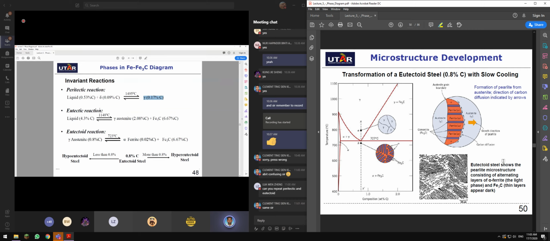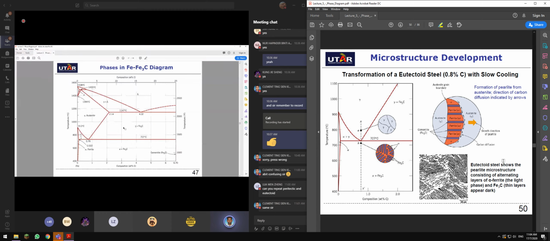Eutectic reaction: a pure liquid phase, when you cool down, changes into two different phases. Okay, eutectic is here. Pure liquid changes into two distinguished solids without going through a semi-liquid transformation.